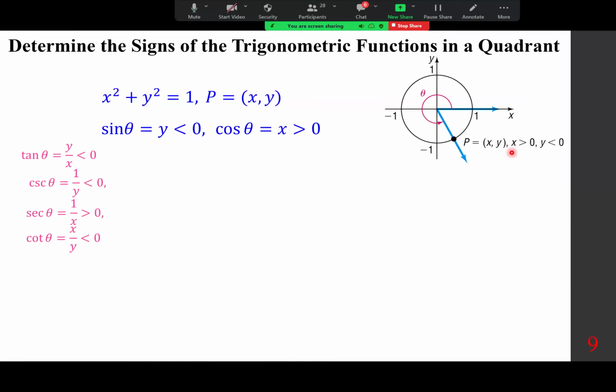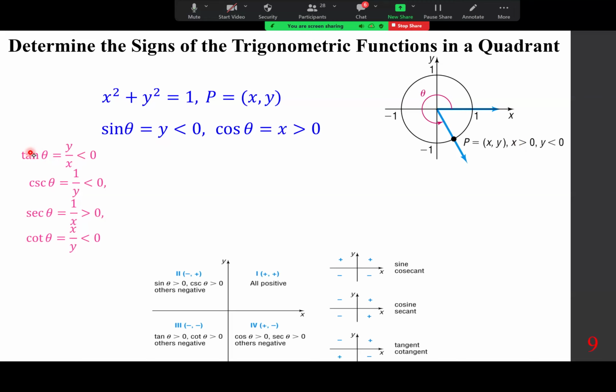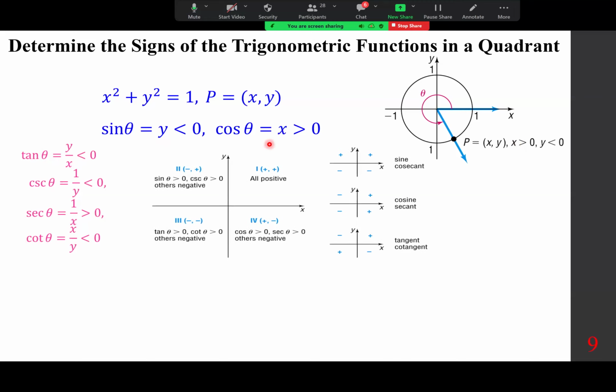Because they have different signs, this becomes negative. Cosecant, the same as sine, becomes negative. Secant, the same as cosine, becomes positive, and cotangent and tangent have the same sign. Now, here's the general idea. All positive.